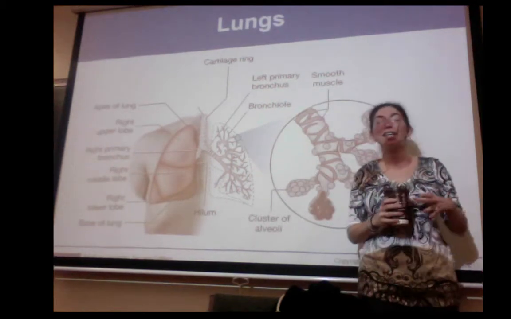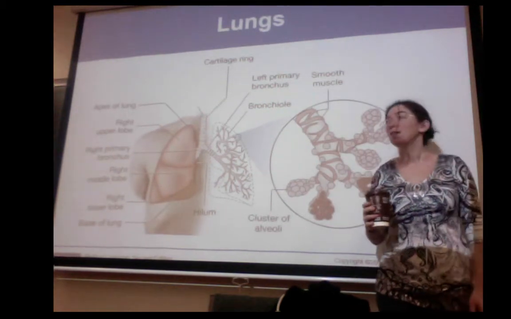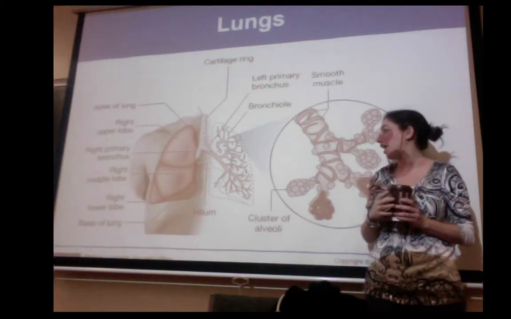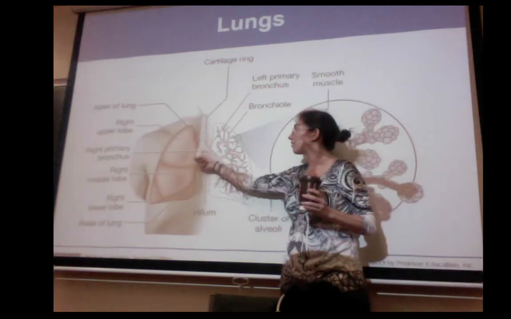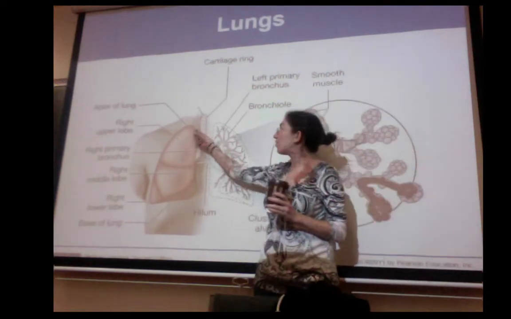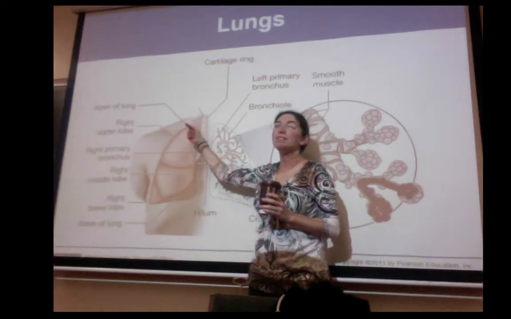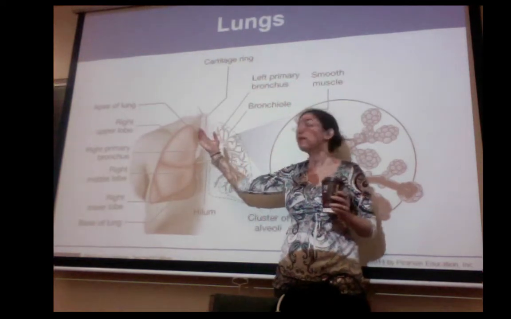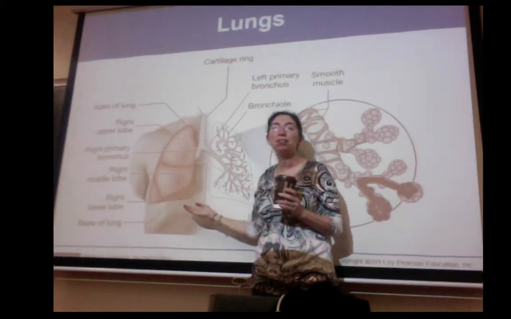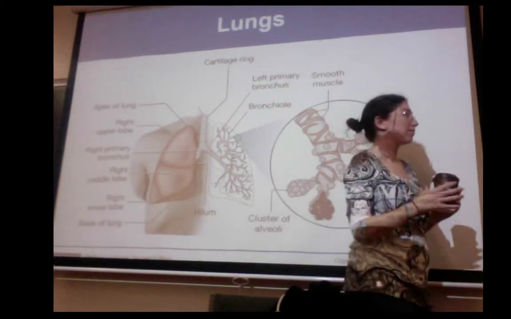We'll also see that the kidneys have a hilum. Several tubes enter and exit the kidney, and there's a little indentation where that happens. So that's what a hilum is. Other parts of the lung: the top of the lung here, this pointed part, is called the apex, the tip, or the apex of the lung. The bottom part is the base of the lung.